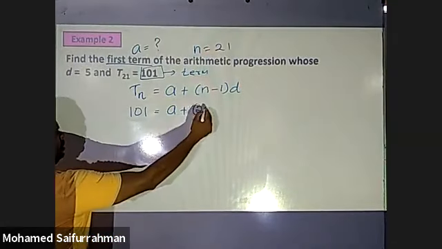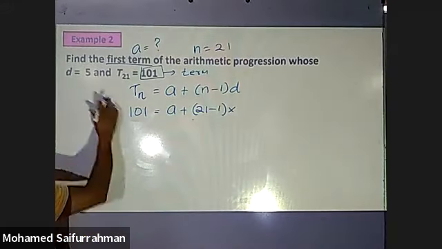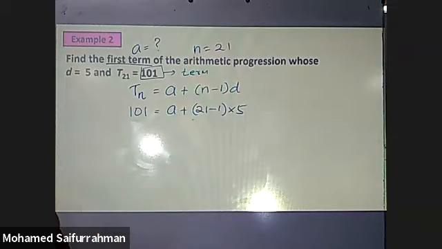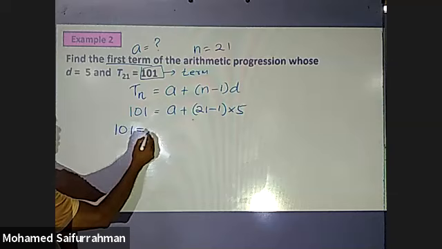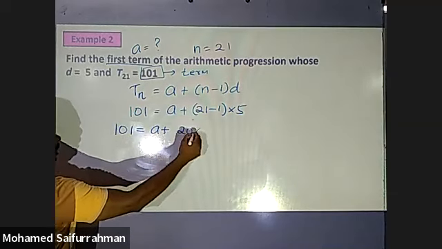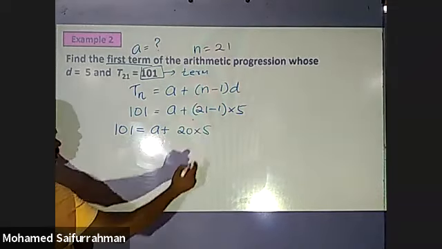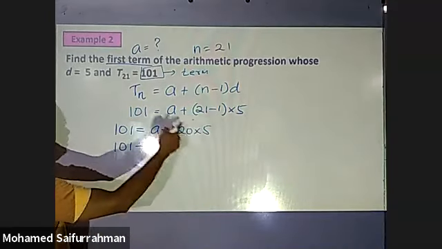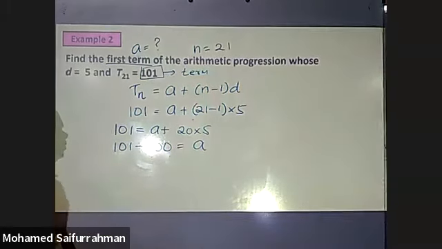So 21 minus 1 times D, and D is 5. So 101 equals A plus 20 times 5, that is 100. So when this 100 comes here, 101 minus 100 equals A.